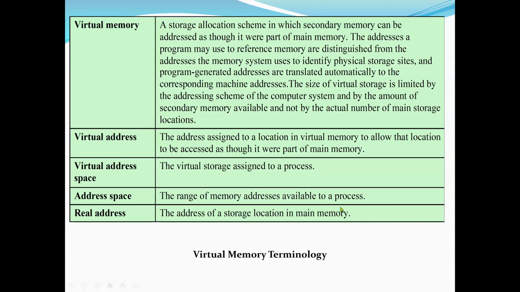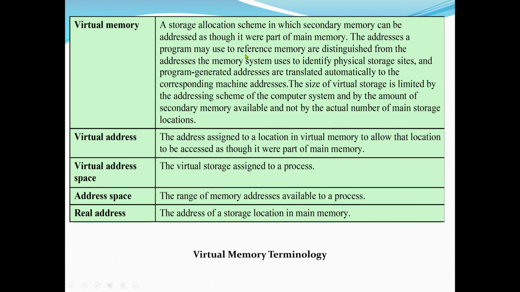Before we start, we will go through some virtual memory terminology. First, what is virtual memory? It is a storage allocation scheme in which secondary memory can be addressed as though it were part of the main memory.